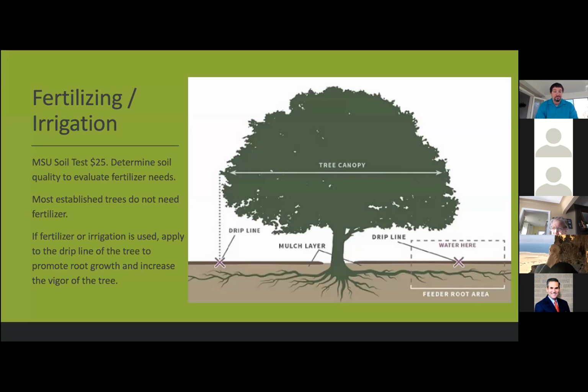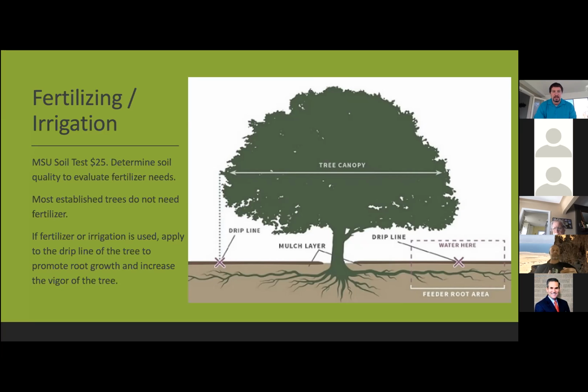But typically trees don't have a lot of these problems. Usually if your tree is having an issue, it is from something that is beyond the soil issues. Sometimes it could be a pH problem because you have a new crushed concrete driveway or road salt or too much water, something like that.